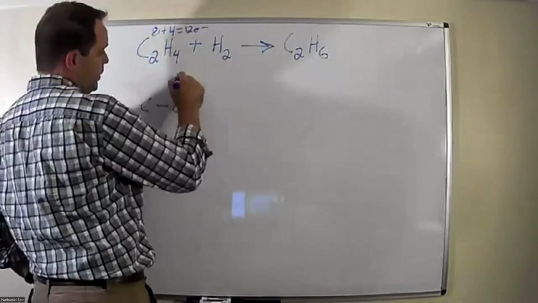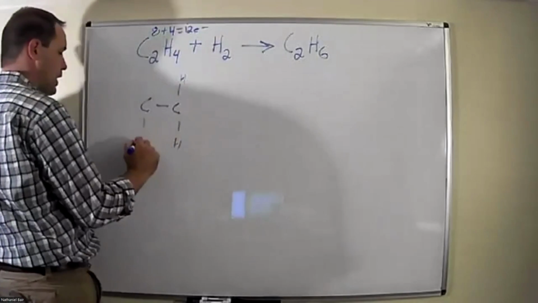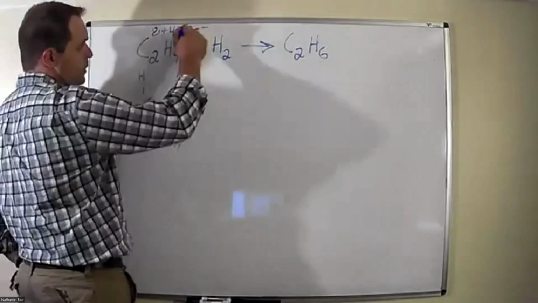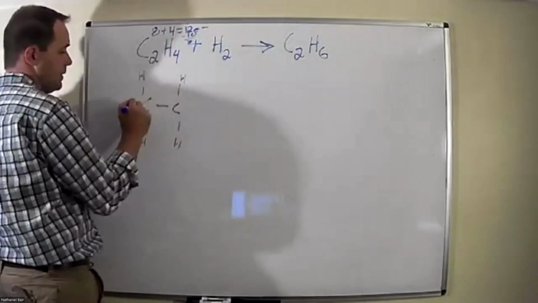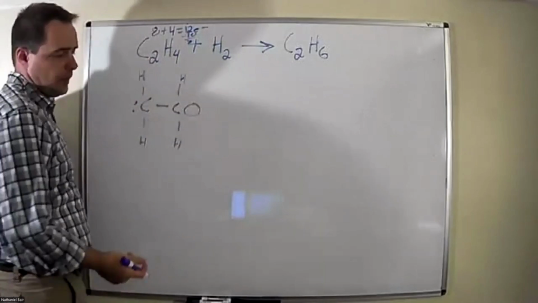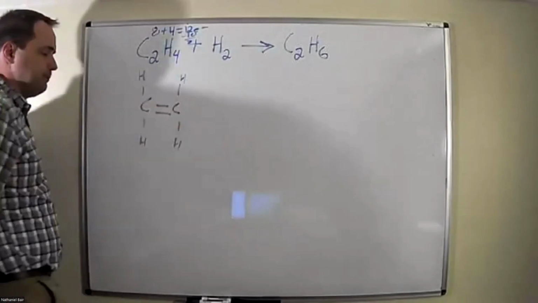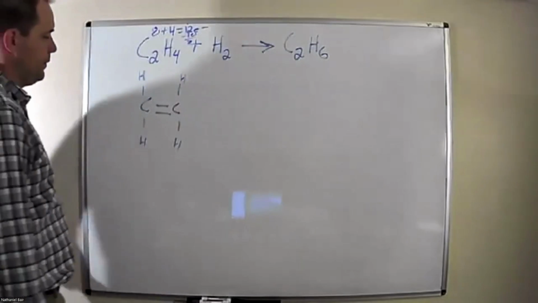Carbon to carbon, we've got 2 hydrogens coming off of each. 2, 4, 6, 8, 10. We used up 10. We've got 2 left, and we are short 2. So what does that mean? It means you've got to add a bond. So we're going to put a bond right there. So there's our first structure.